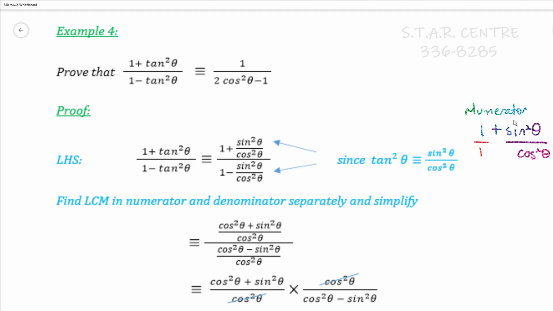Right, so our LCM here would be cos squared theta. And 1 into cos squared theta is cos squared theta. Cos squared theta by 1 will give us back cos squared theta. And then cos squared theta into cos squared theta is 1. 1 by the numerator will just be sine squared theta.